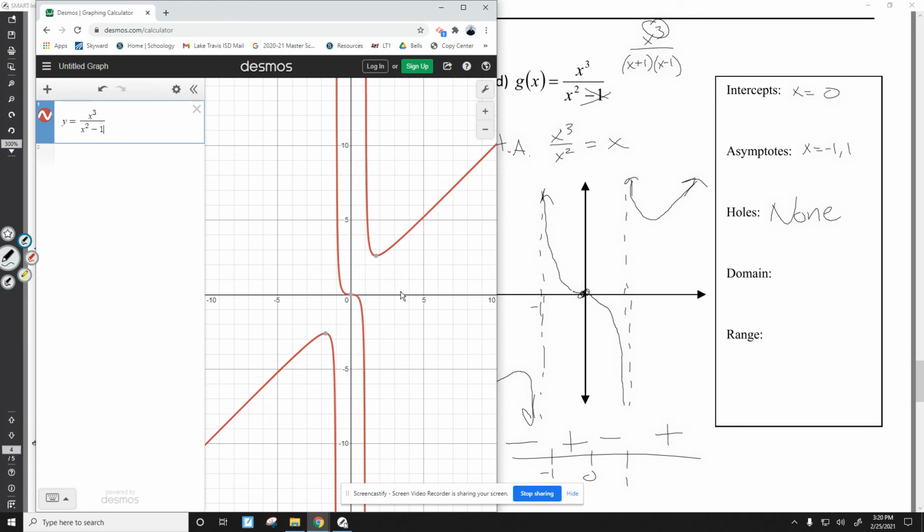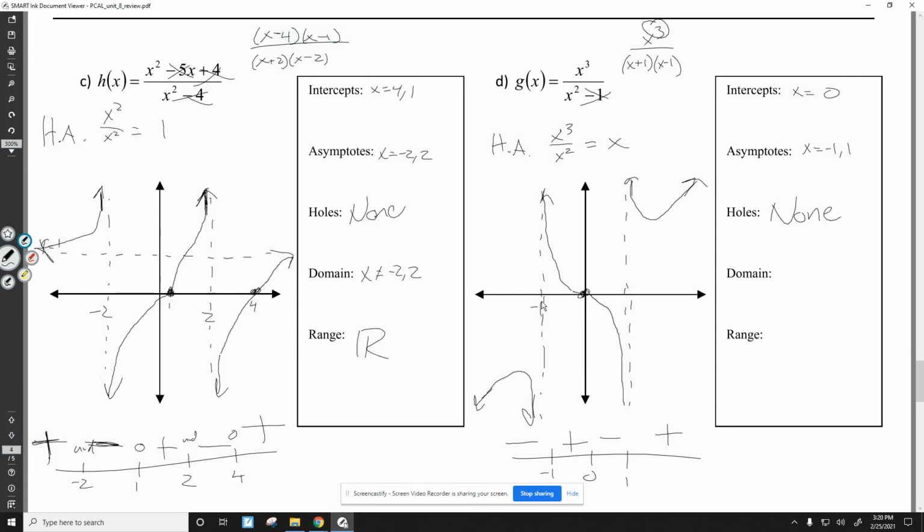Boom! Look at that. Domain. All the x's I could plug in except for those vertical asymptotes at -1 and 1. Range, I can have all the y's. I pass through all the y's.